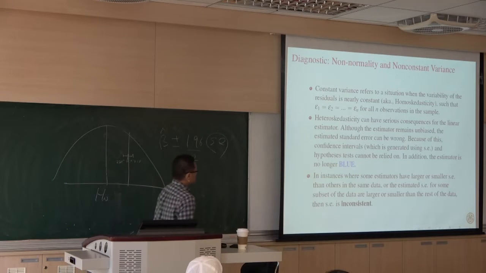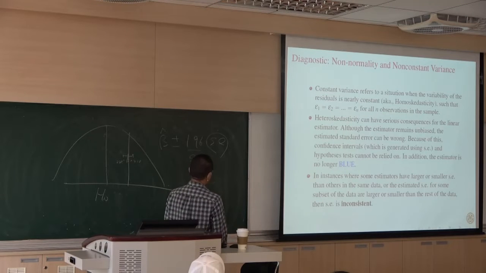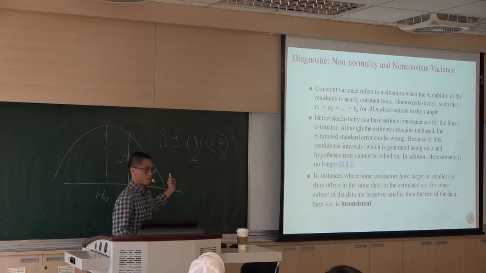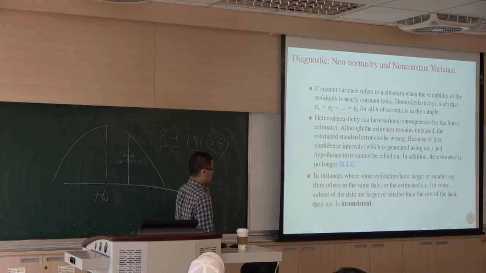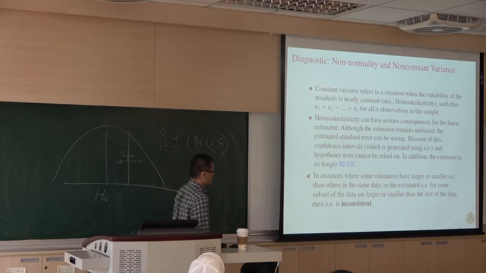But chances are the standard error estimate could be really messy, or it's not normally distributed, and it's not constant across observations. Then the inference that I'm trying to make would be really questionable. Then people can actually put you on the grill on that, right?